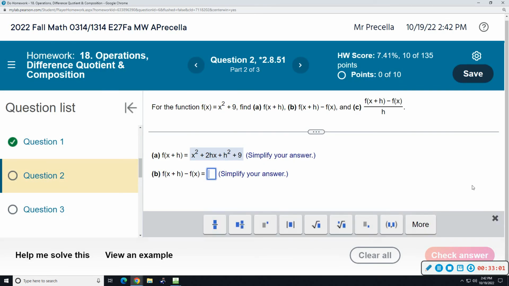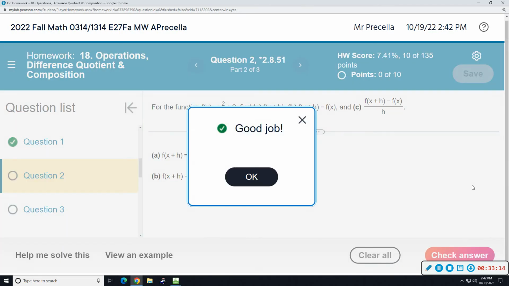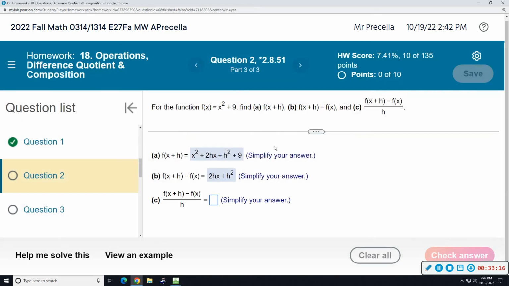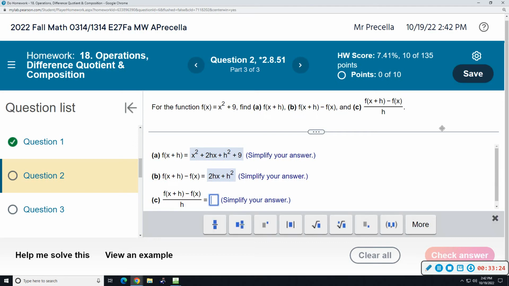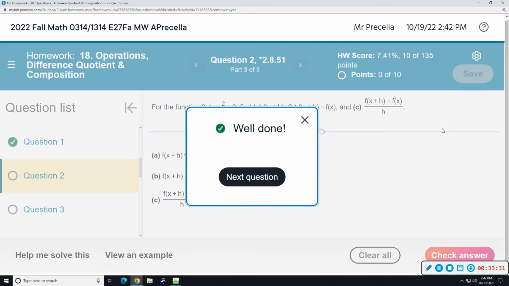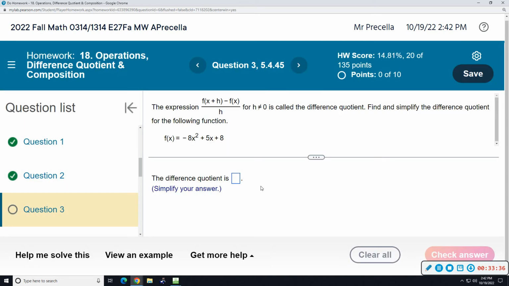What am I going to type in here? 2hx plus h squared. I agree. Oh, and here we had to go through dividing each term by h. So what was our final answer for the difference quotient? 2x plus h. I agree. Any questions there?